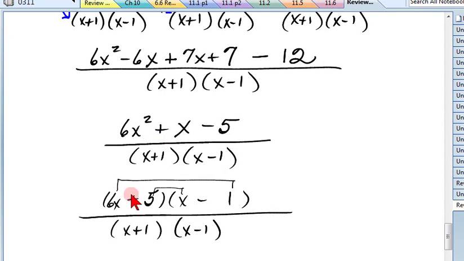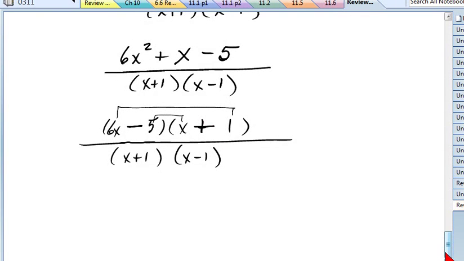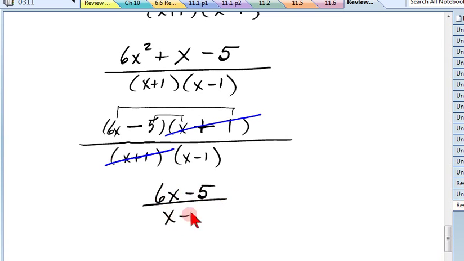So now does that work out okay? 6 minus 5 is 1. So this is reducible. Common factor of x plus 1 divides out, and that gives me 6x minus 5 over x minus 1. And I hope somebody's checking to make sure that I'm getting the right answers every time.